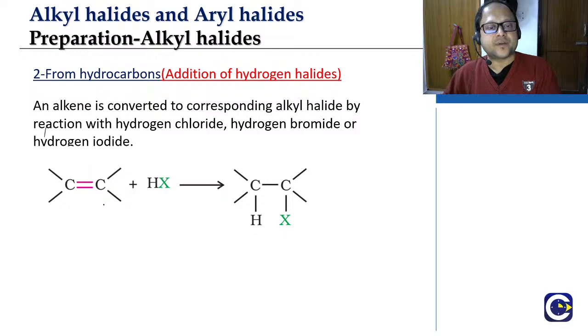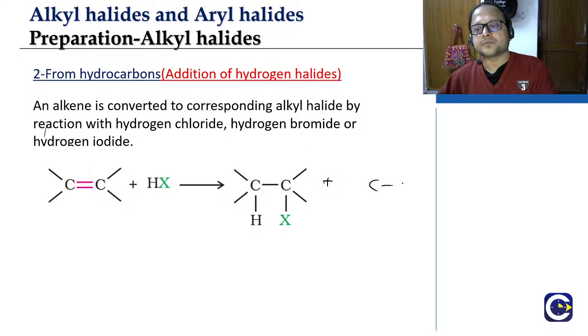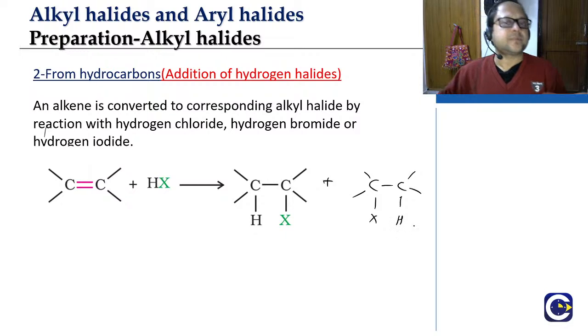So here you can see very well that if you have been given an alkene, this hydrohalide HX is going to add across it. Now if you had written it like this also, it's still the same thing. You cannot make any difference. If it is symmetric in nature, then whether you obtain this product or this product, both of them will look alike.